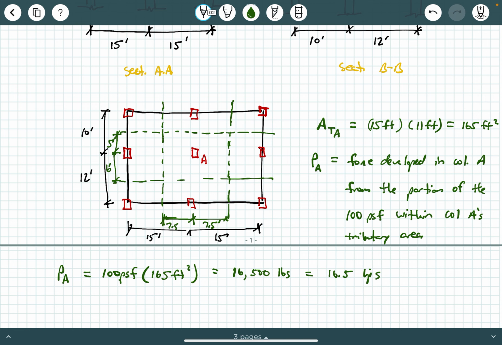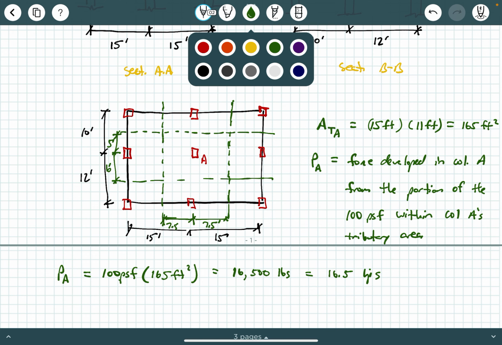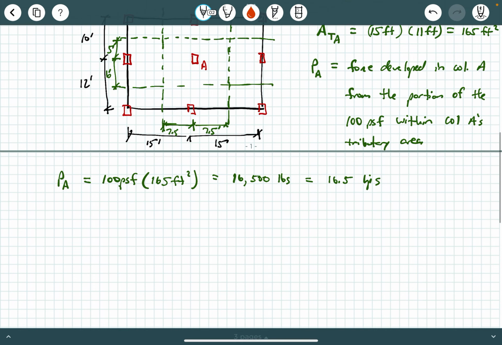Okay, so that is the force that column A will support due to that 100 PSF spread out over this entire slab, but the portion of it that column A has to support is trapped or bound within this tributary area. So let's make a couple of remarks here, okay?